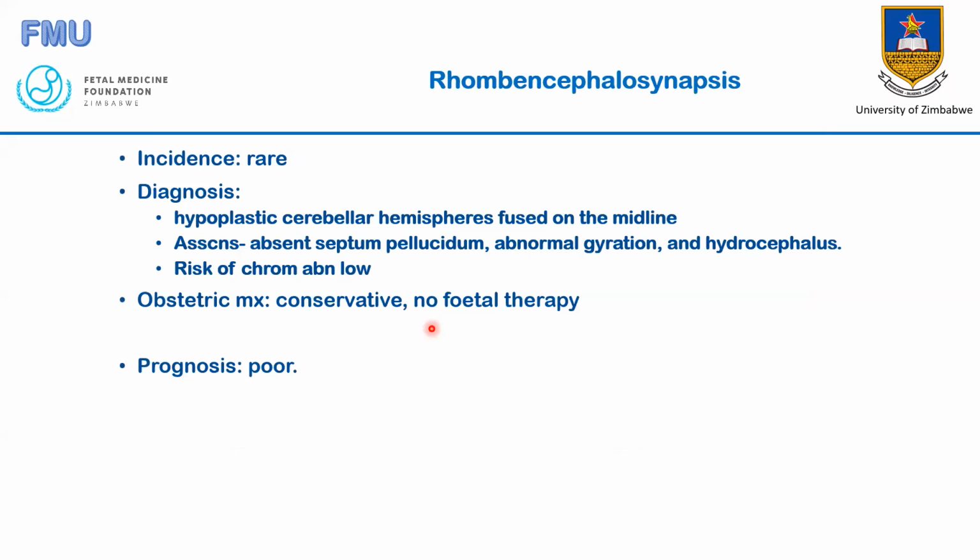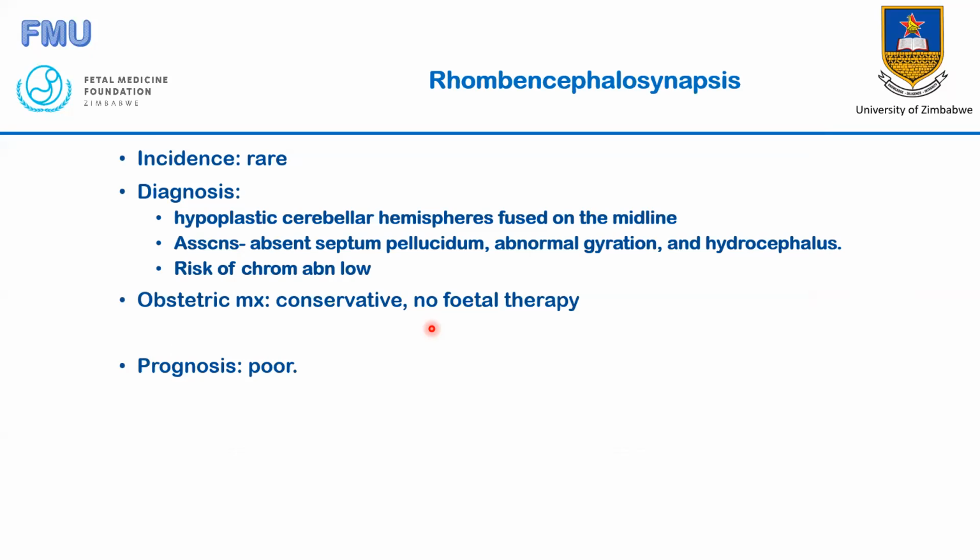Then rhombencephalosynapsis. Rhombencephalosynapsis is a very rare condition, but I think we've seen one or two cases now. I think one of them was a case of trisomy 18. This is a case where there's hypoplasia of the cerebellar hemispheres, which are fused on the midline. In other words, we do not see the vermis in these cases.